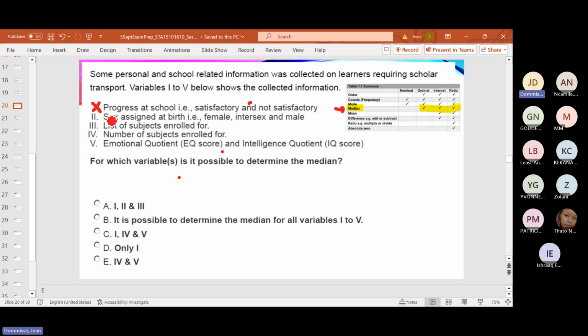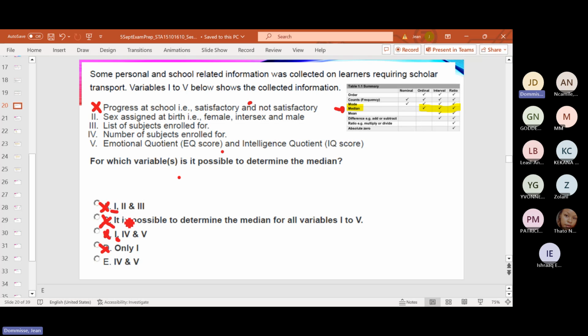So let's look at option one. So it's not A. It is possible to determine the median for all variables. Okay, no, it's not for one. Only one.